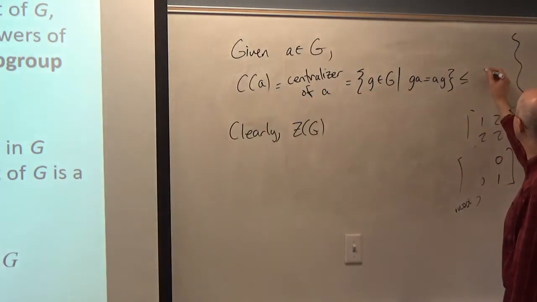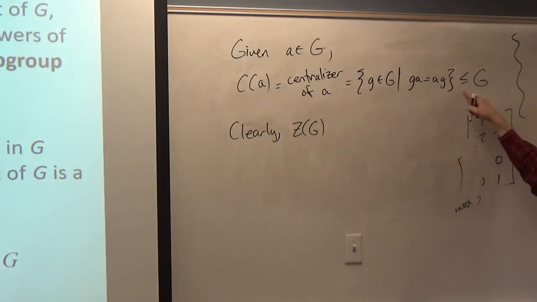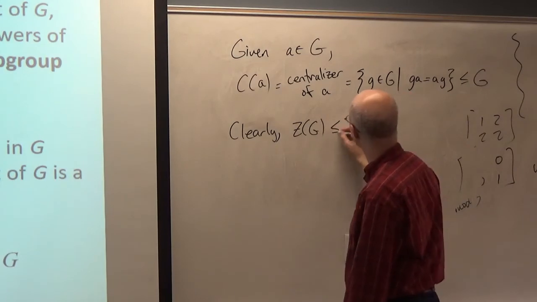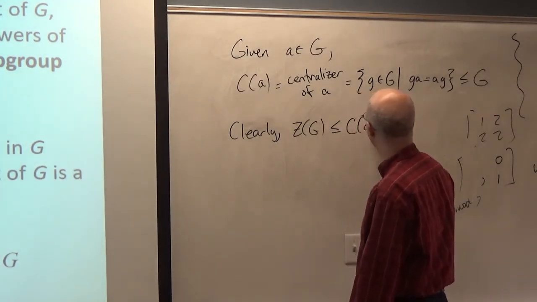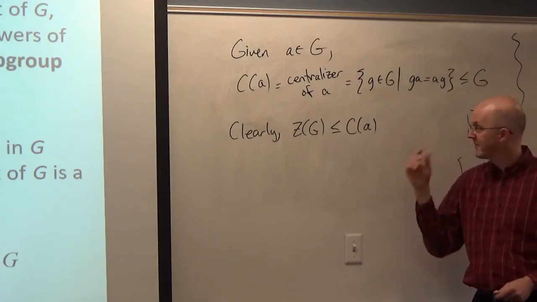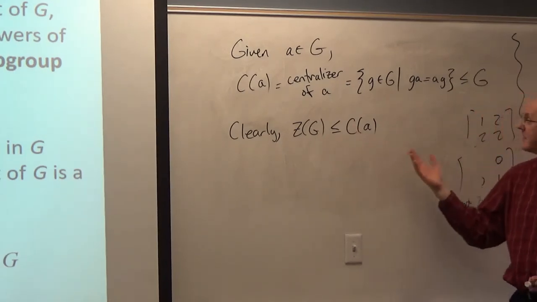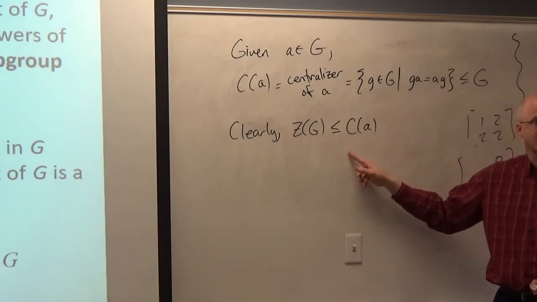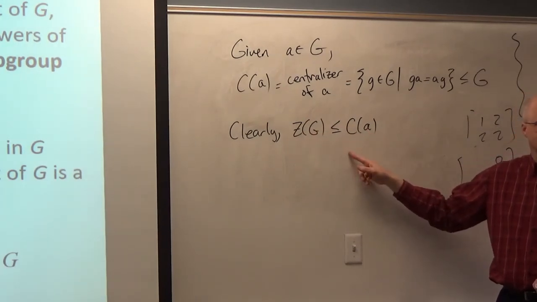For any element A, this will be true. I haven't proved that, but that is true. And clearly, the center is a subgroup of any centralizer because, think about it, if you verify that they're both subgroups of G, you would only have to verify that this is a subset of that. Did you catch what I just said there?